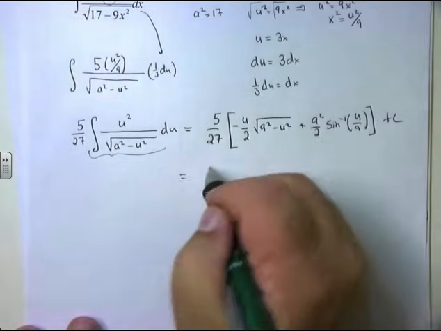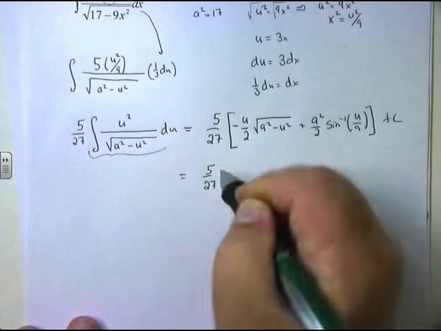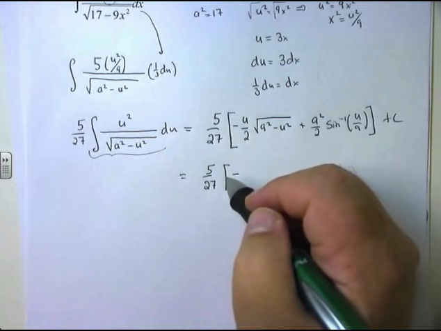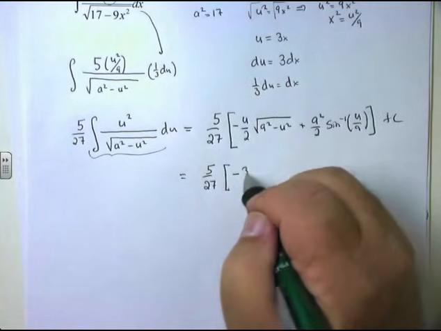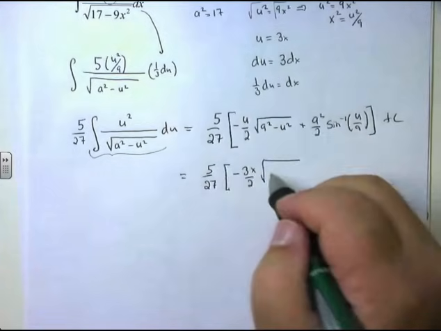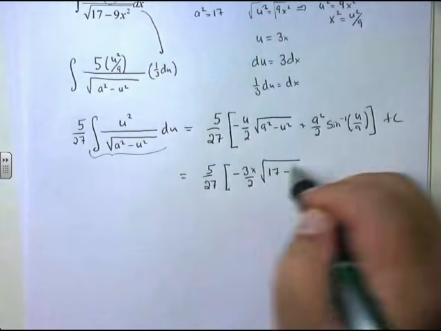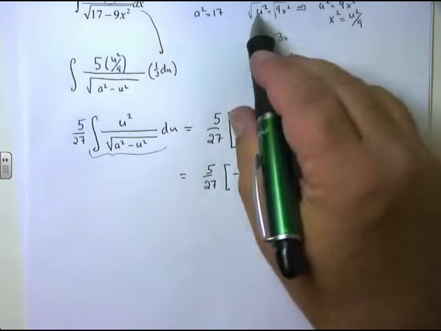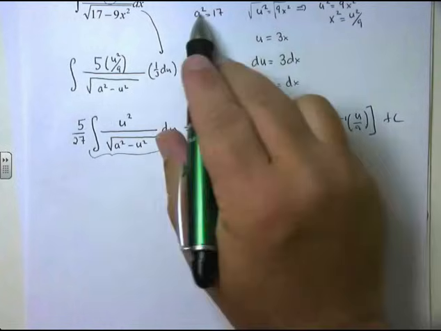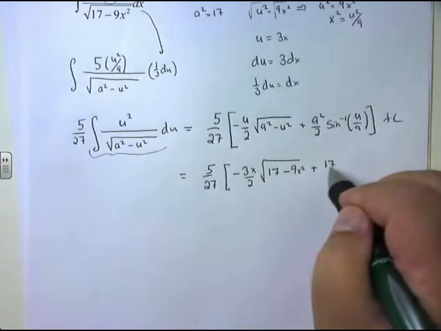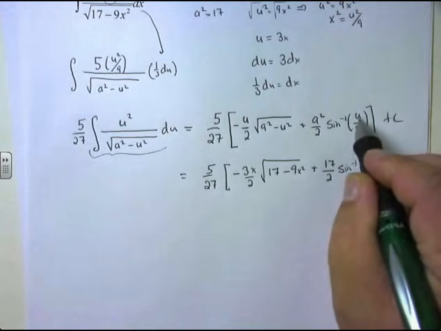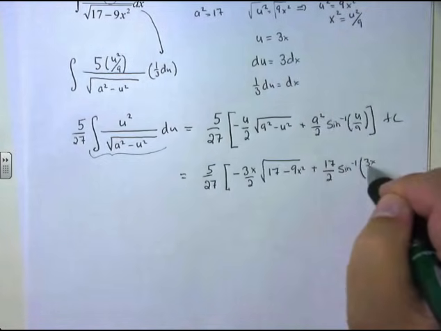And then you want to back substitute: 5 over 27 times negative u, and u was 3x, over 2 times the square root of a squared, which was 17, minus u squared, which was 9x squared, plus a squared, which is 17, divided by 2, times the sine inverse of u, which was 3x, over a.